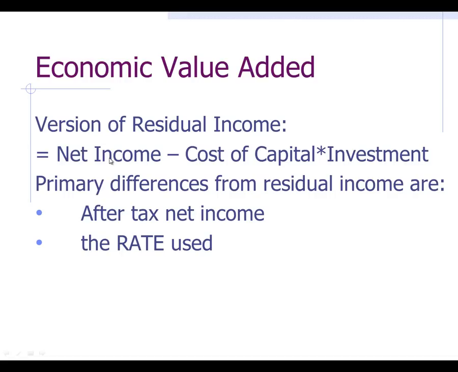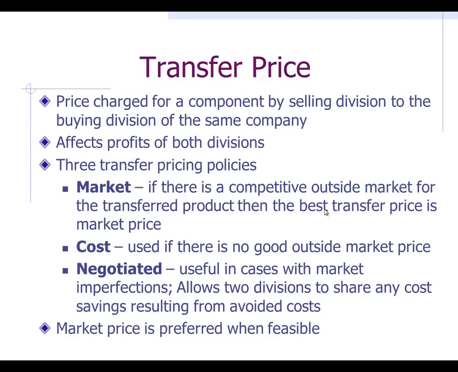So you have net income, and then your cost of capital is going to be a different rate. The company will give us this amount. The problems will tell you what the cost of the capital is, and then times that investment piece. So it's just a small little different wrinkle on your EVA.